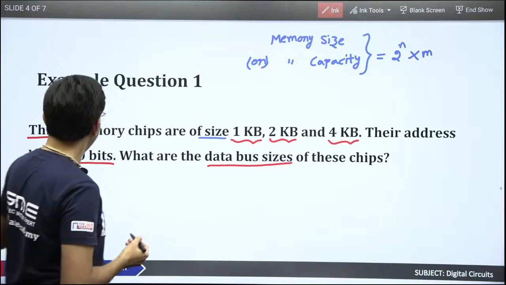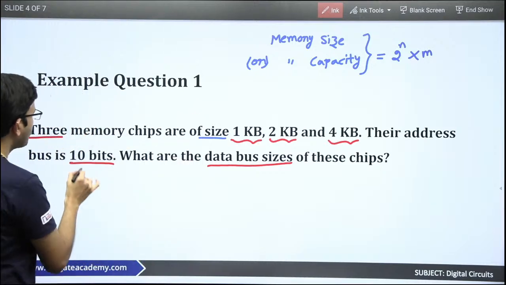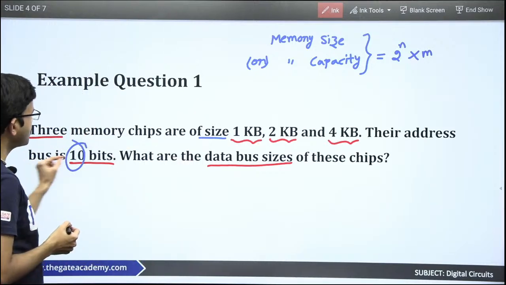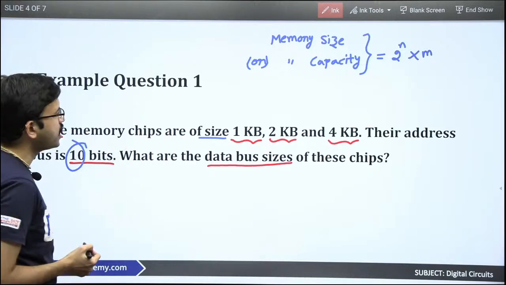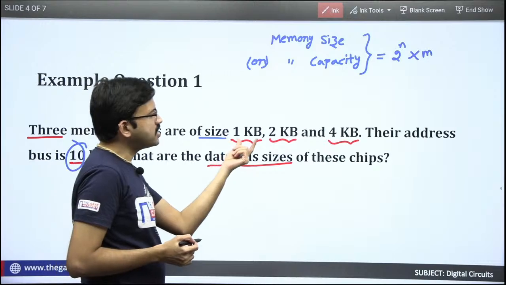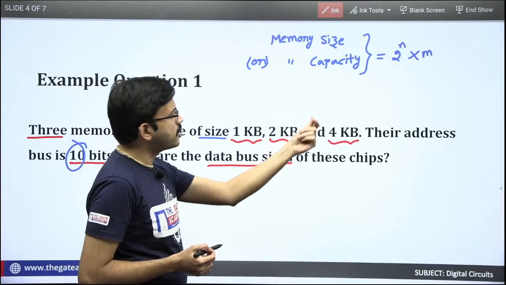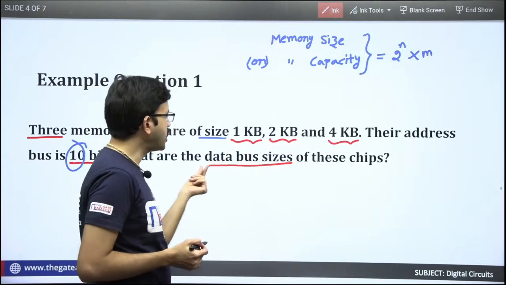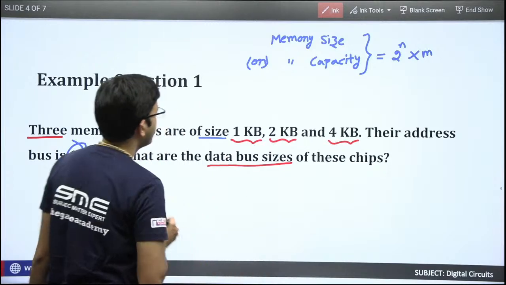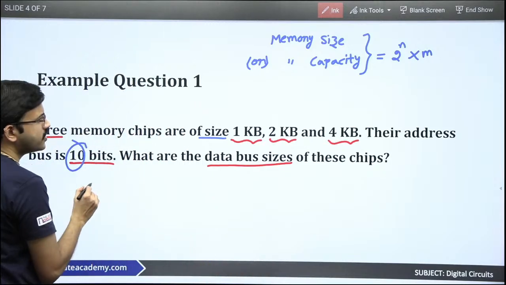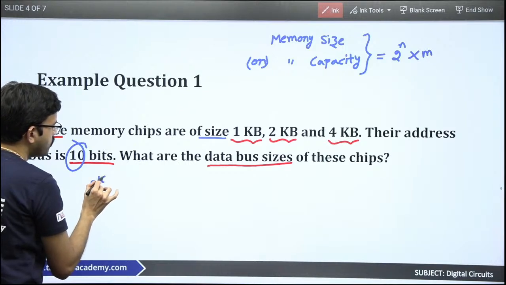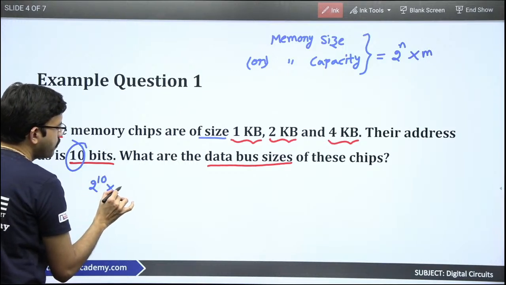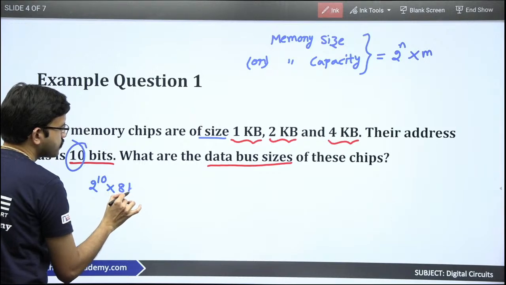For these 3 memory chips the address bus size is the same, 10 bits only. So the n value is 10. But the memory size is different, so accordingly the data bus size will change. In the case of 1 kilobyte, K is 2 power 10 and byte is 8 bits.